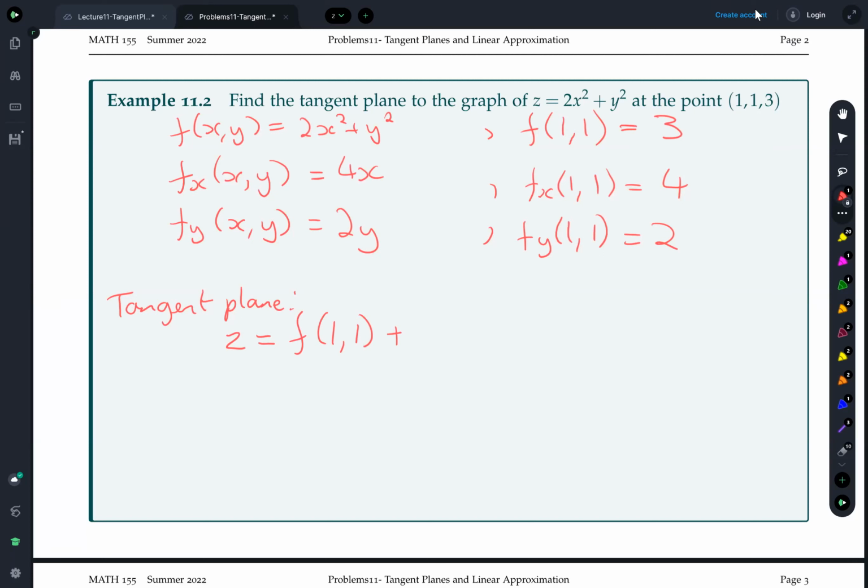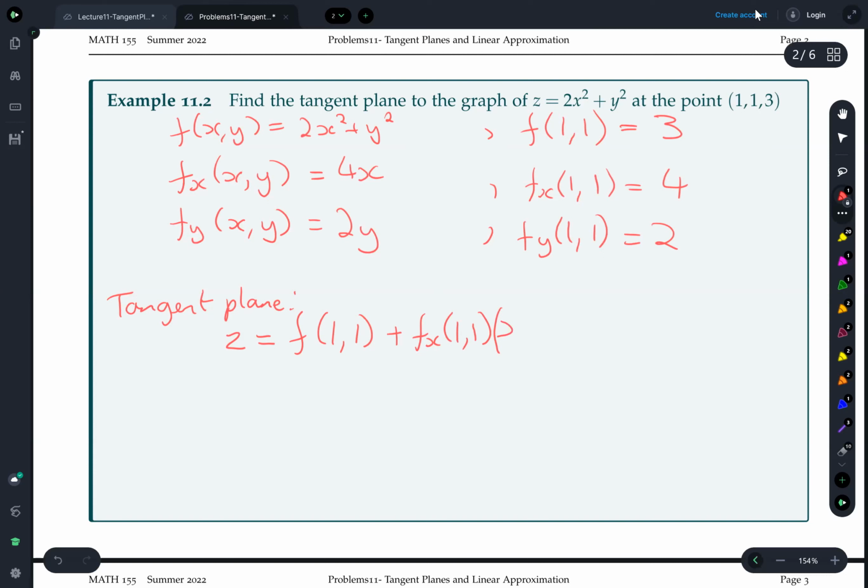Is that our partial with respect to x? Yeah. At 1, 1 times by what? X minus 1.